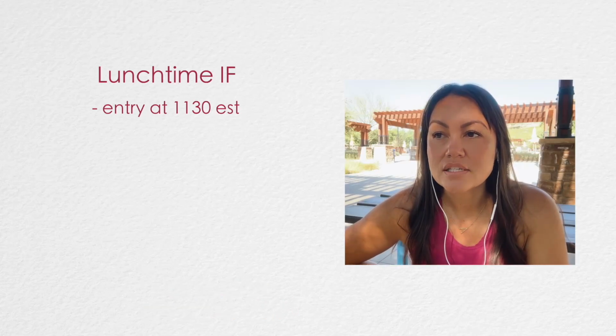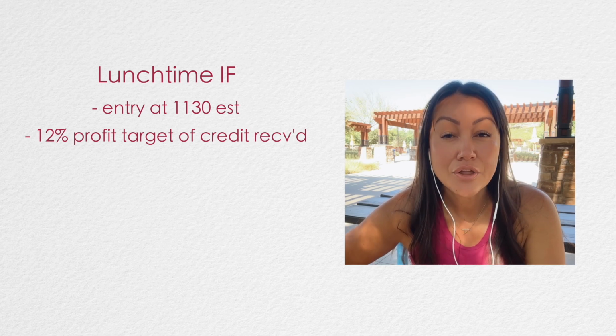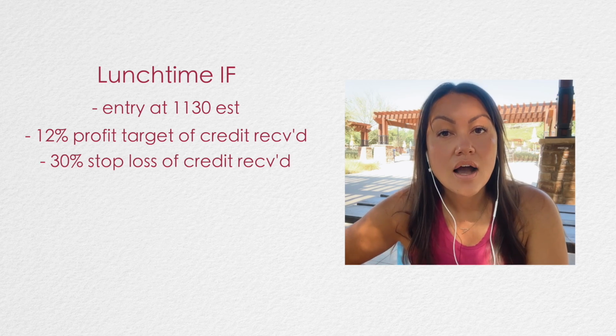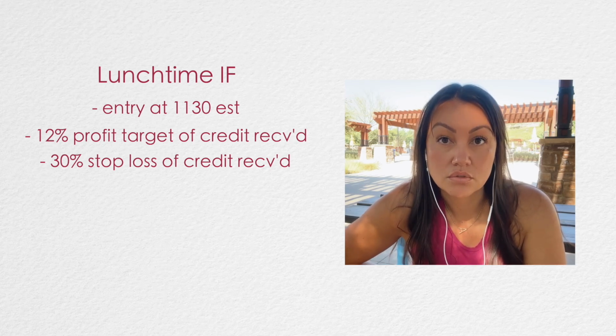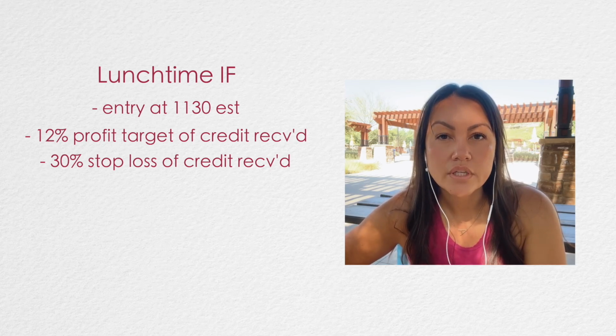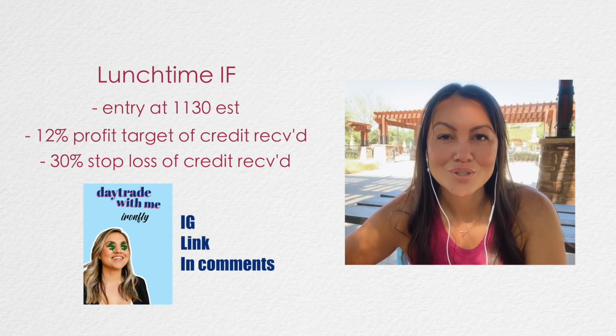In her backtesting she used a 12% profit target and a 30% stop loss. I don't think I ever made a YouTube video on that, but I do still like that strategy. I will link an Instagram video that I did in the comments section below.